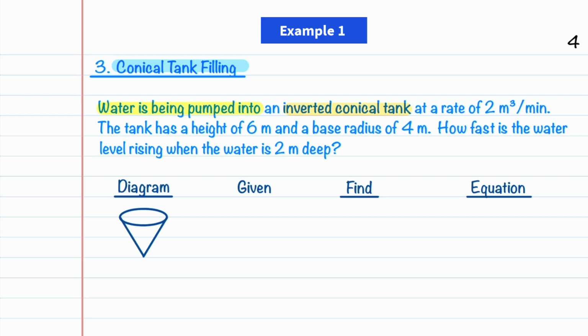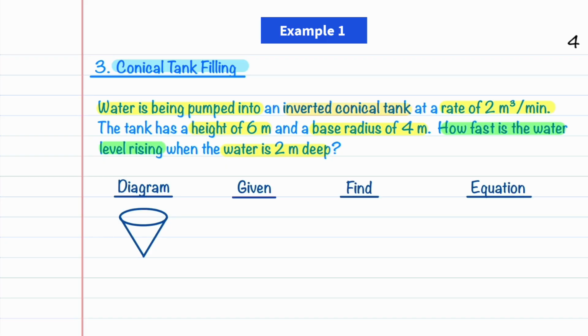And the water is being pumped in at a rate of 2 meters cubed per minute. We're told that the tank has a height of 6 meters and a base radius of 4 meters. We want to find out how fast the water level is rising when the water is 2 meters deep.